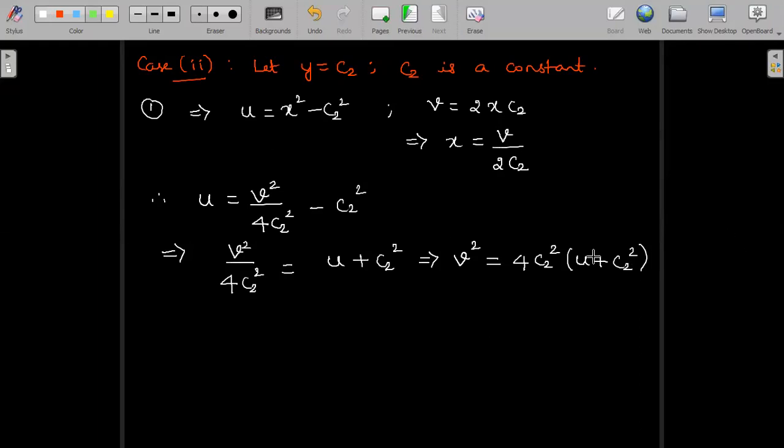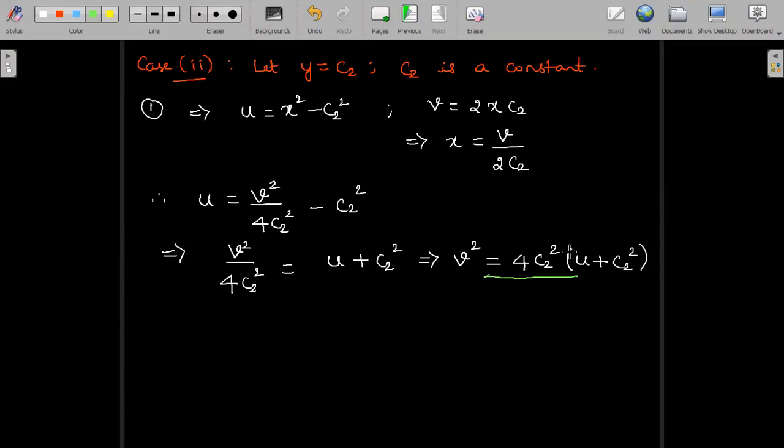So this also represents another parabola. Again, it is of the form y square is equal to 4a into x minus a, where a value is negative. So the vertex will be at minus c2 square comma 0. The vertex will be at a different point.